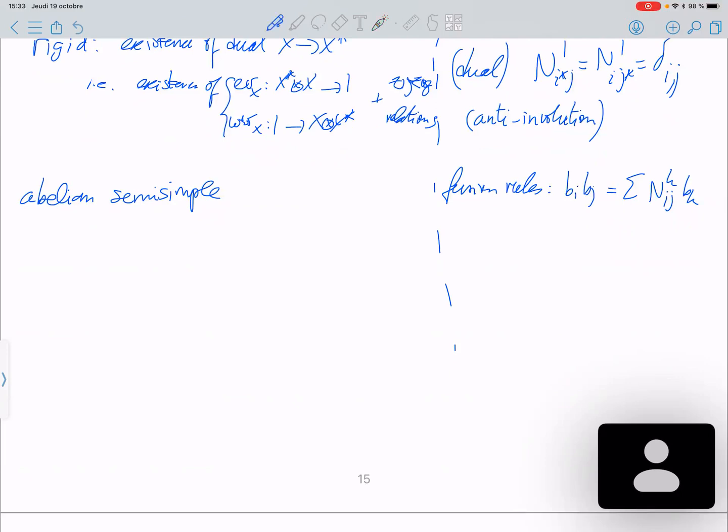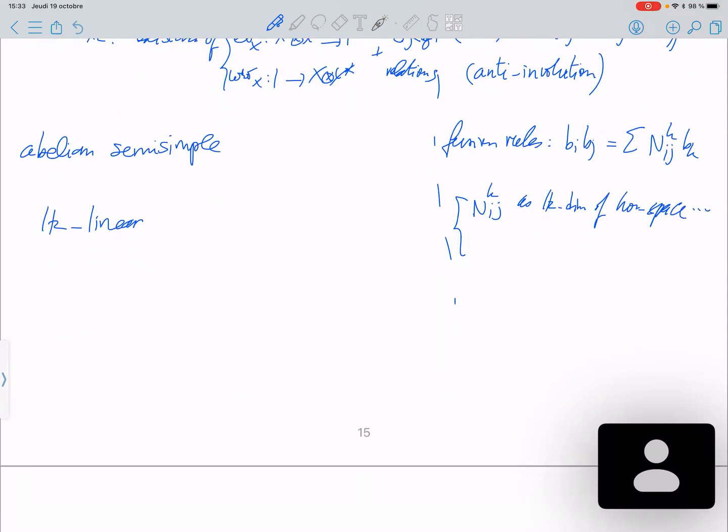And finally, K-linear. What can you correspond to K-linear? For example, the fact that you can see N_ijk, as I already mentioned, as the K-dimension of the Hom space I already mentioned before.